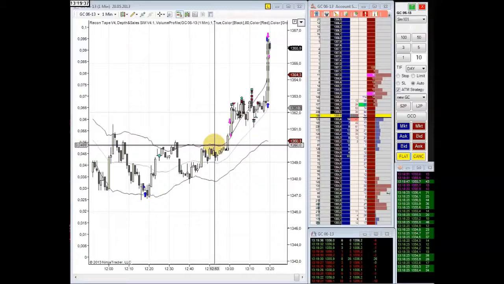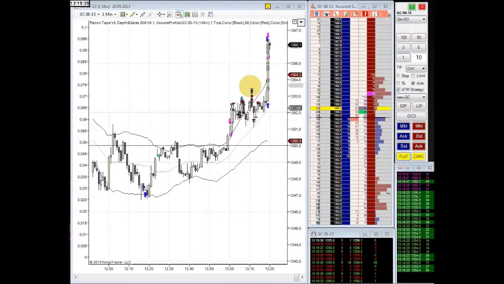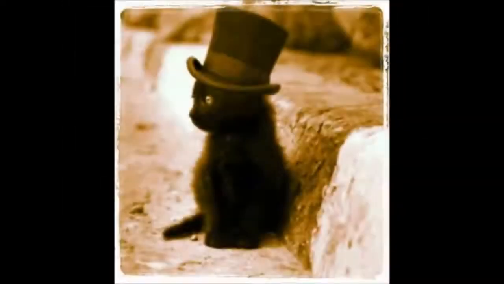But if you have a look at the tape, you see how many large, huge block buy orders we've seen there. If you roll the recording back, you could see how time and sales and the ladder DOM were reacting, and you could see how different the order stacking became, how big the imbalance was, and how it changed right at the end.